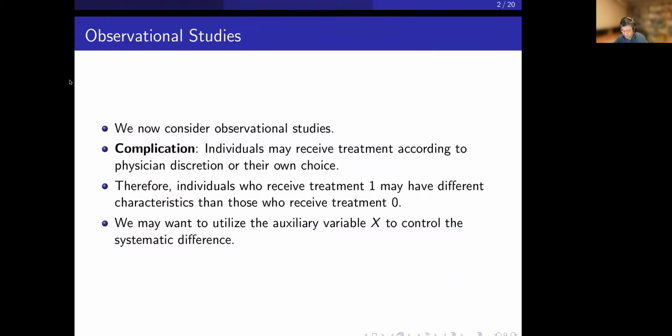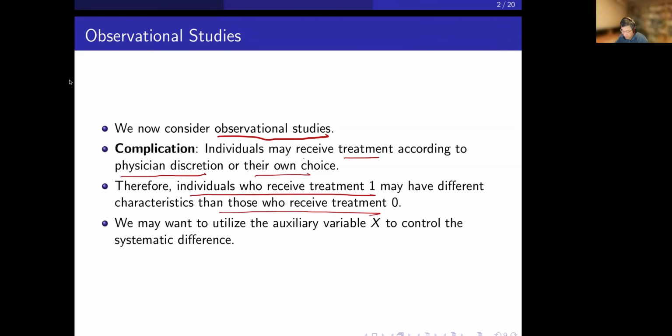In observational studies, the individuals who receive the treatment may have different characteristics than those who do not. Basically, we receive treatment not randomly, right?